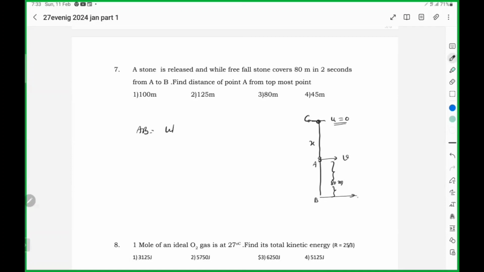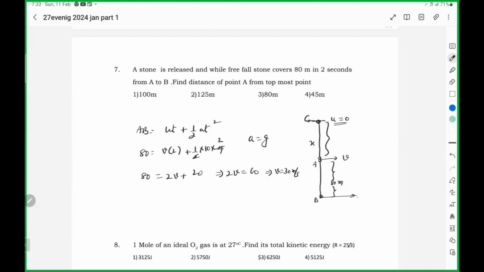AB is equal to, since it is one-dimensional motion, at A velocity V, time taken to reach B is 2 seconds. Freely falling, acceleration is g, which gives 20 for 2 seconds. Distance he has given is 80, so 2V plus 20. 2V here is 60. V is 30 meter per second.